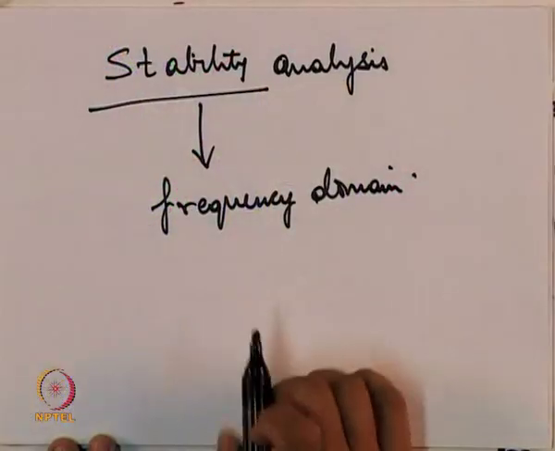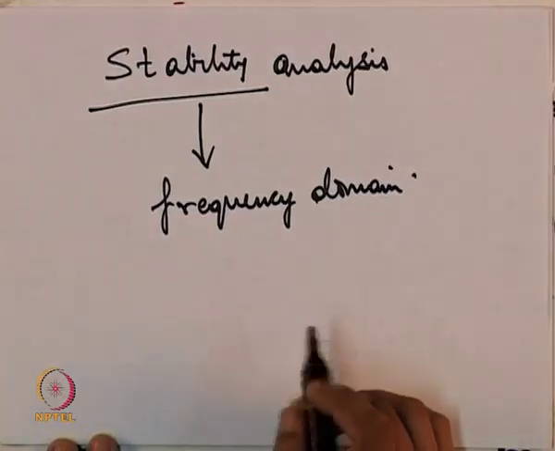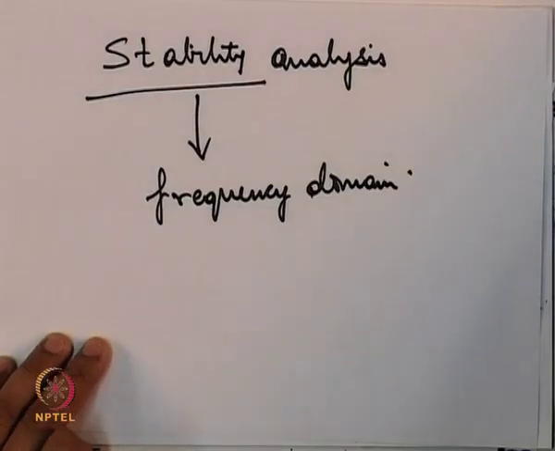A frequency domain analysis therefore gives a more comprehensive view of the stability of a system, and that is why, working with transfer functions, we will see that it is much easier to find out the stability of a system.